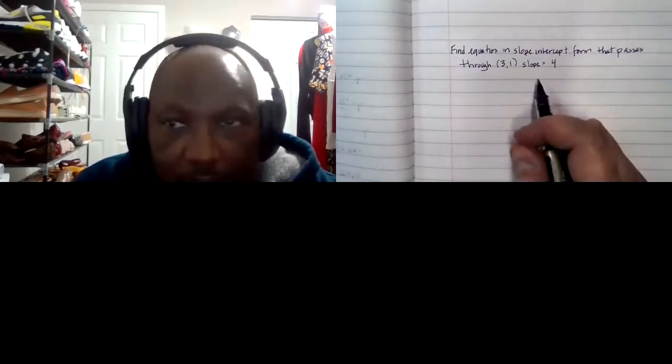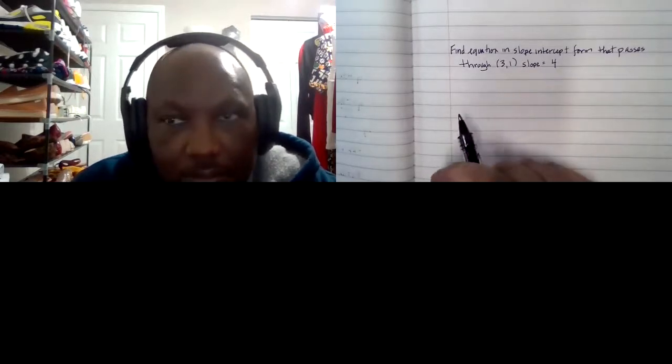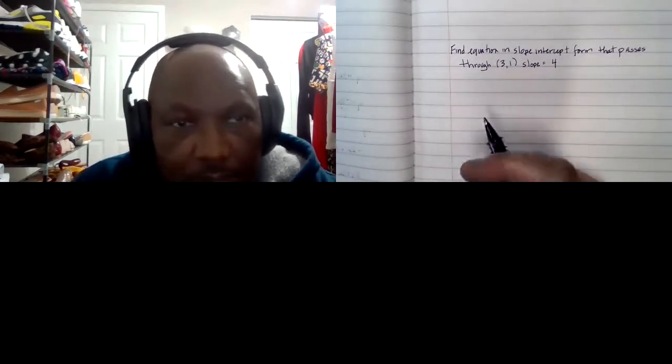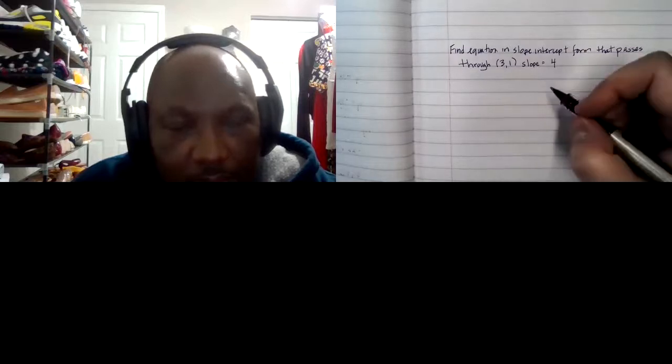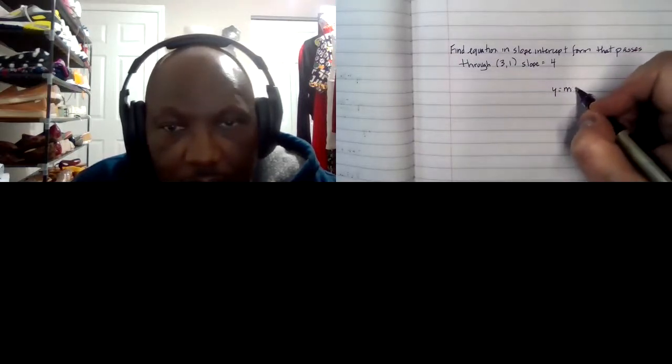We know that slope is 4. We know the line's going through 3, 1. What we do with this one, we need to find B. We're still going to use the equation we just got done using, the slope-intercept. Y equals slope M times X plus B, B being the Y-intercept.